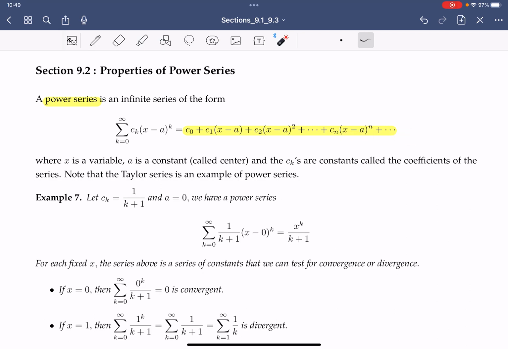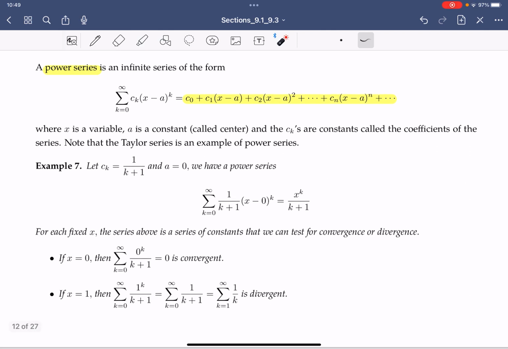This is called a power series. You have seen it before, because the Taylor series is also a power series.